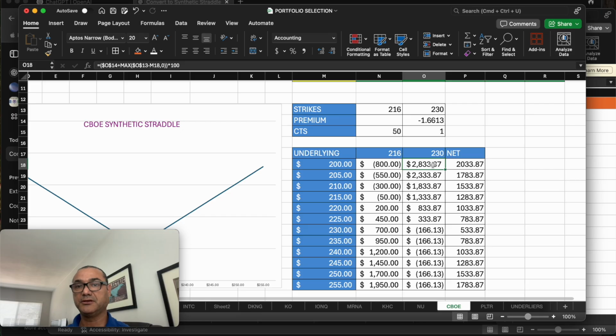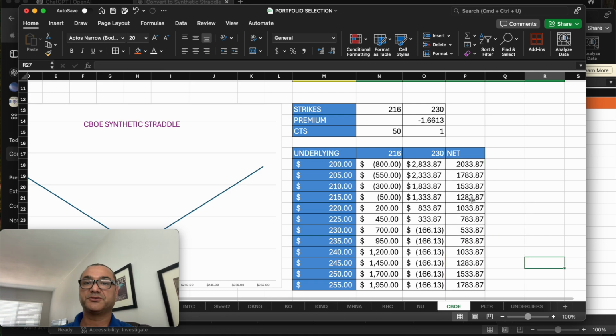So it's 30 times 100 minus the $166.13, and I calculate it on down. At prices of 230 or above, I lose the cost of the put. And this column has the net. So it basically nets out this, and then it does it for the corresponding columns on the way down.